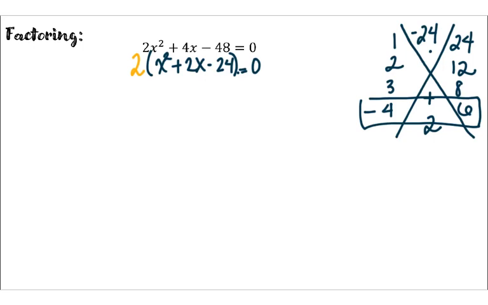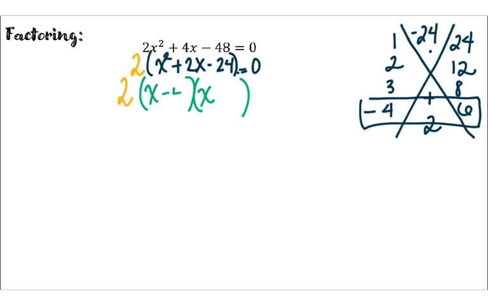Now that we know the two factors that we're going to use, let's write our problem in factored form. We have our 2 in the front. Now this x squared plus 2x minus 24 is going to be factored into: first, to get x squared, we multiply x times x.